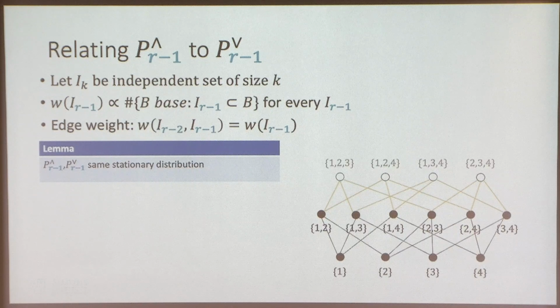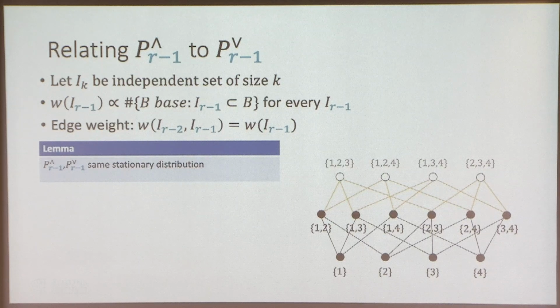The way you get that is you have to weight your independent sets, and the weight you give them is proportional to the probability that you see this independent set when you sample a uniformly random base. Or you can think of it as proportional to the number of bases that contain it.